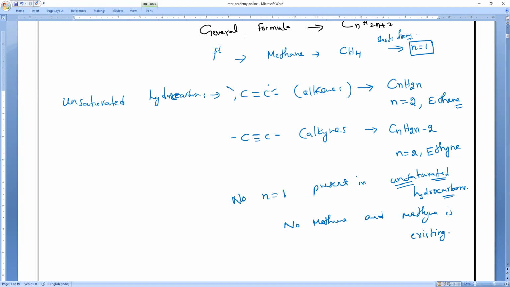Because for unsaturated compounds, at least how many carbons are needed? At least two carbon atoms are needed. That is why no single carbon atom unsaturated compound exists. I hope you are all clear. Do you understand what I'm saying?